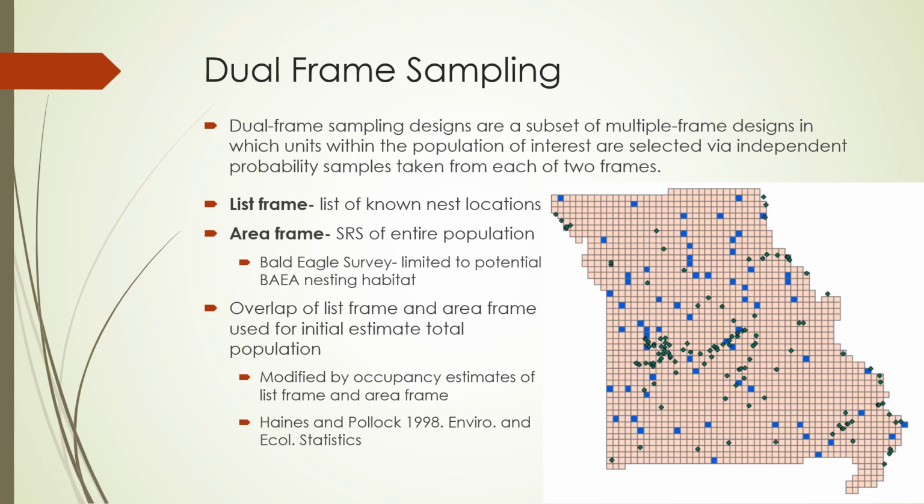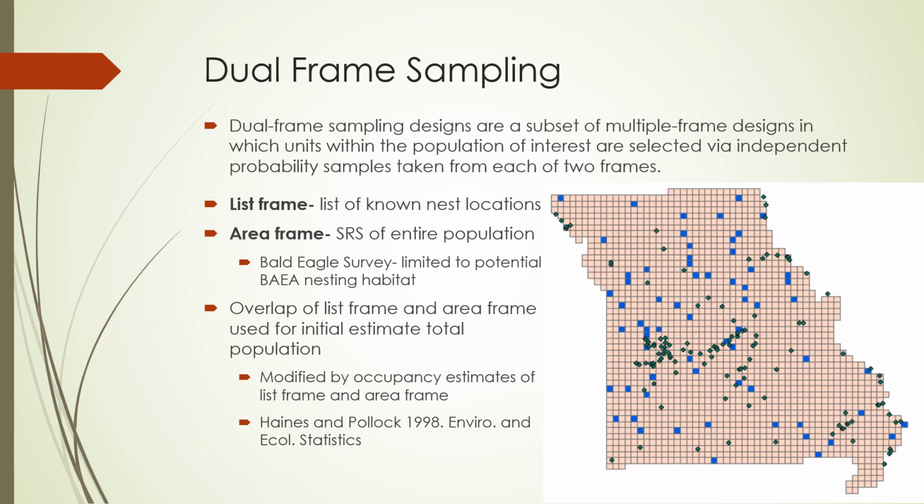We don't know if eagles are there or not, but we're just going to go visit them. They've got the characteristics that may make them suitable habitat, and that will give us a sample that we can then use to say, based on this, we estimate a quarter of the sites that we visited were occupied, taking that into account with our total sample frame, that indicates that there are now 200 nesting pairs across the state or whatever it might be.